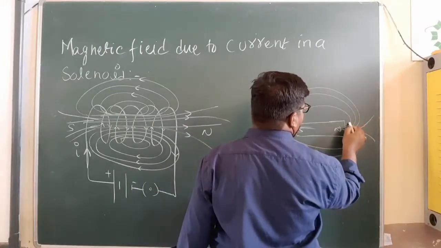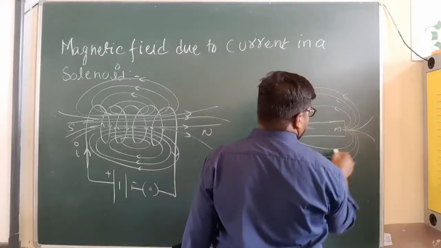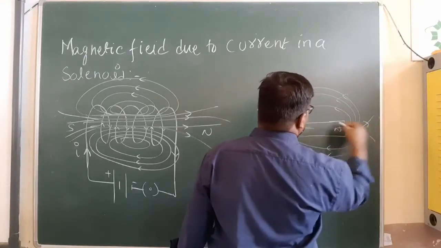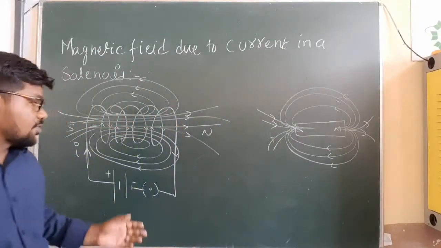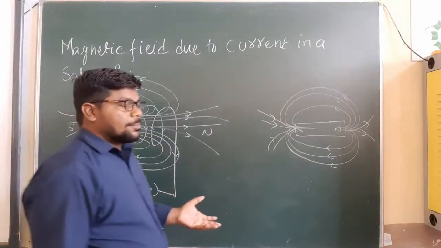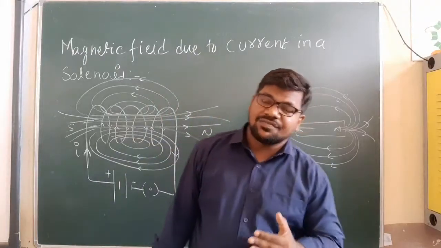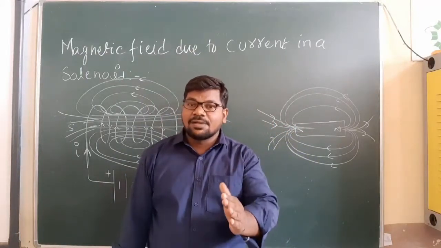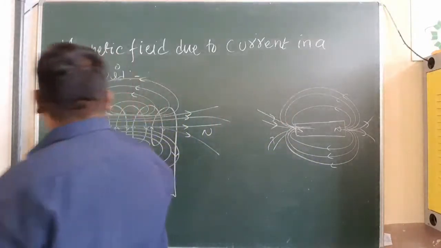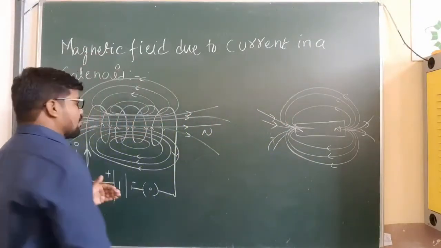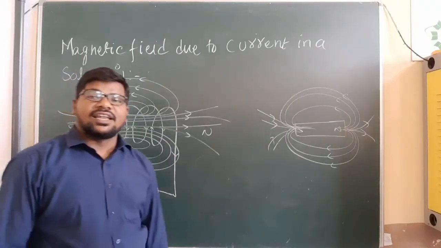So by this we can say a solenoid produces a magnetic field which resembles a bar magnet. Clear, my children?